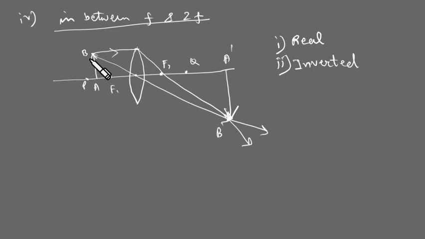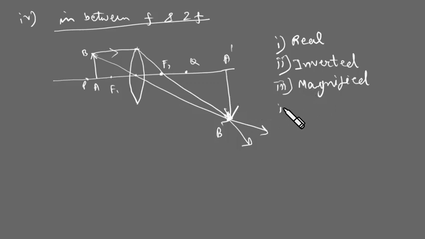Object was on the upper side of the principal axis, whereas the image is in the bottom side of the principal axis. Third, it is this time enlarged or magnified. See, the image is a little bit bigger than the object. So this time the image is magnified, it is enlarged.